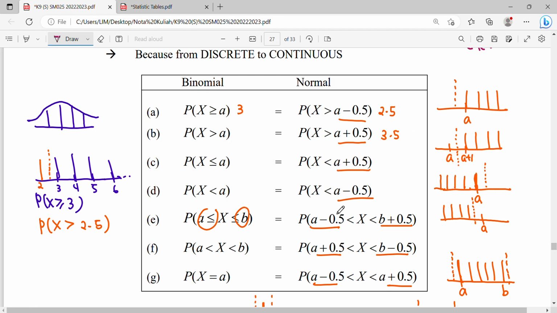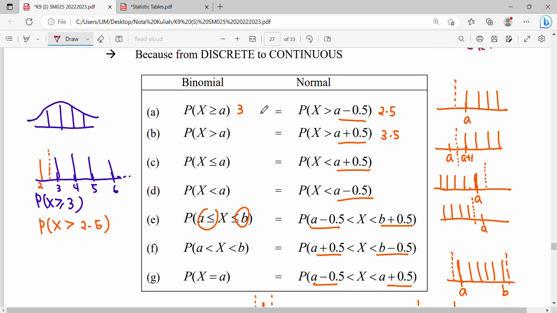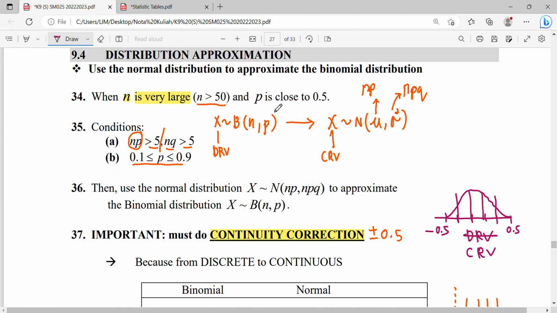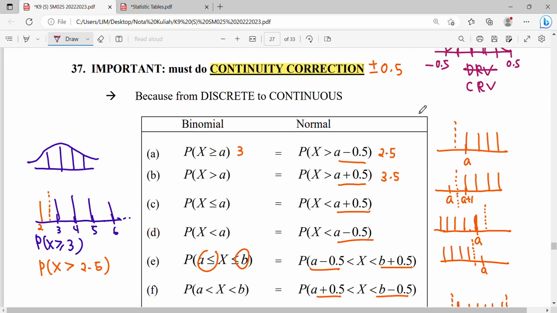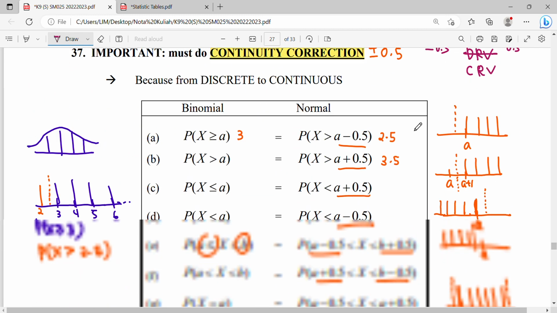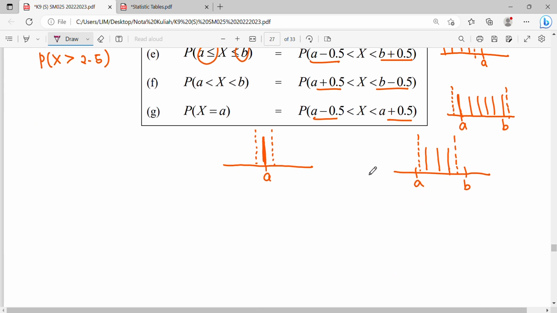Okay, concept of CC, continuity correction. So this happens in our questions. So overall, from distribution we change. From the questions that are given, we also need to change. Then after that, what do we do? After we change to continuous random variables, then we follow through. We will solve using normal distribution.